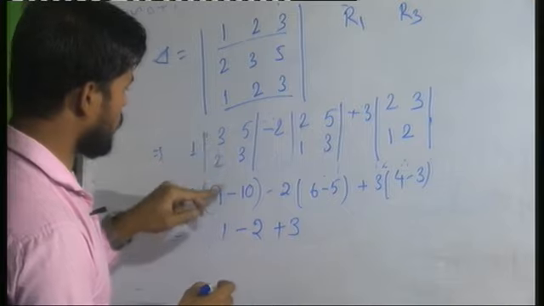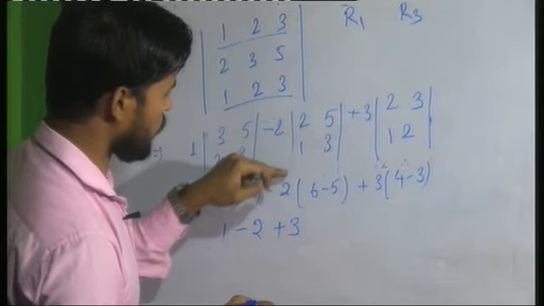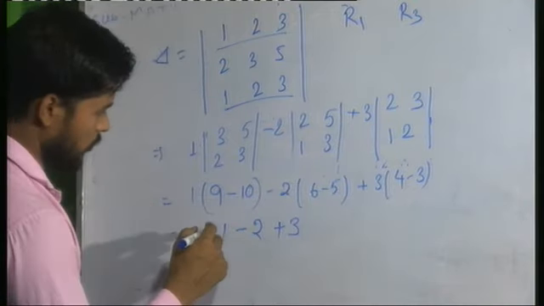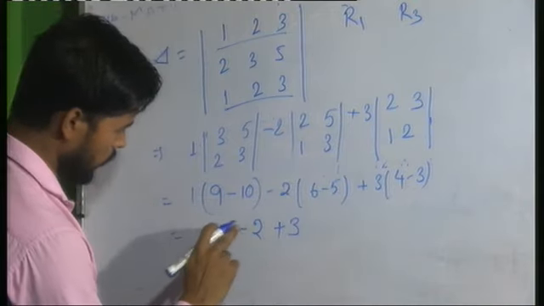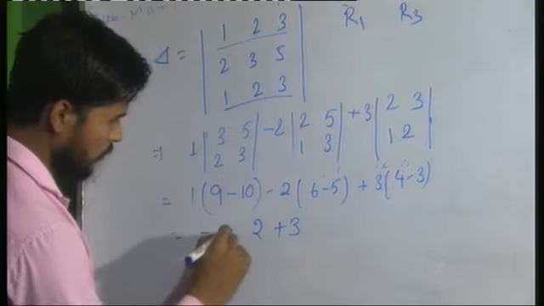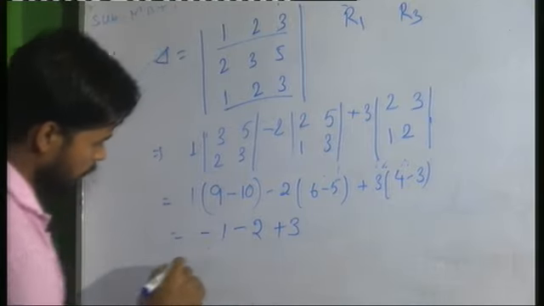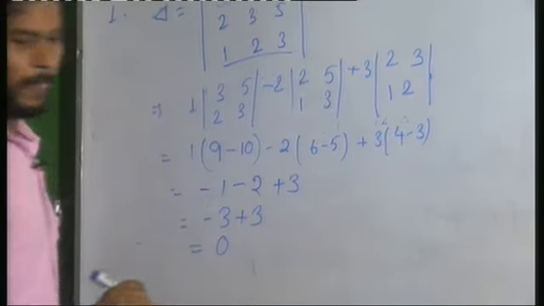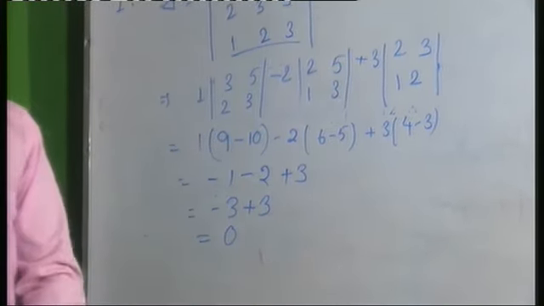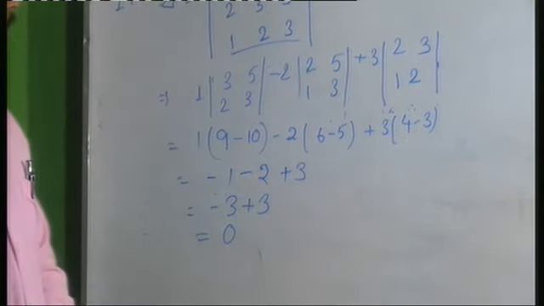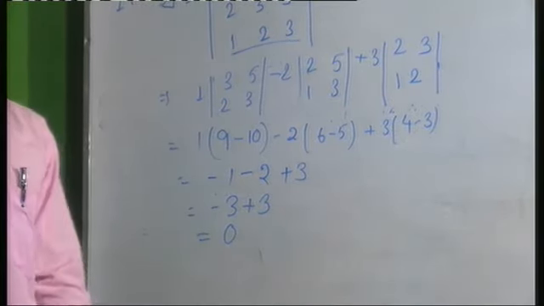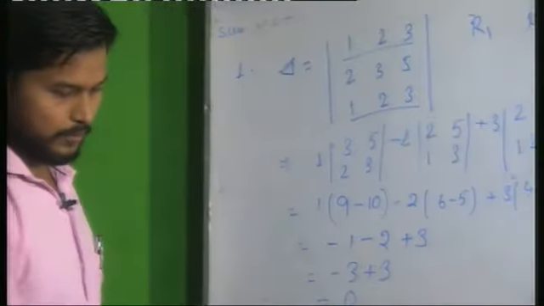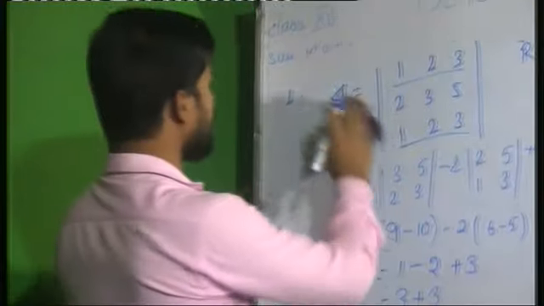So 1 into 9 minus 10, 2 into 6 minus 5, 3 into 4 minus 3. That is equal to 1 into minus 1, this is minus 2, plus 3, so that is minus 3 plus 3, and that is equal to 0. That means if any two rows or any two columns of a determinant are identical, then the value of the determinant is equal to 0.